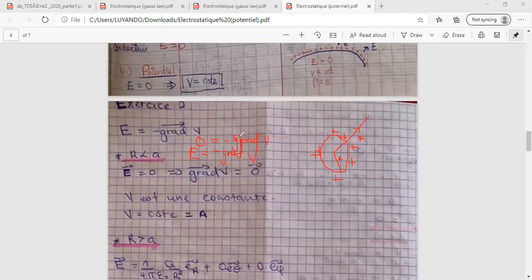For us to have our V, we're simply going to integrate both sides. If we integrate any constant, we're going to have 0 plus a constant. So here we simply integrated both sides.